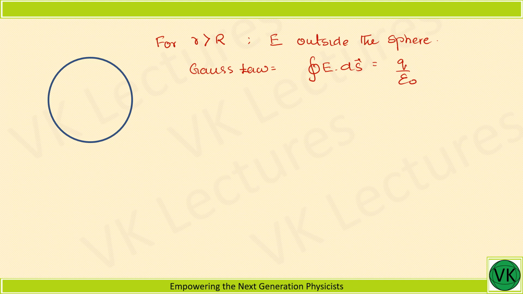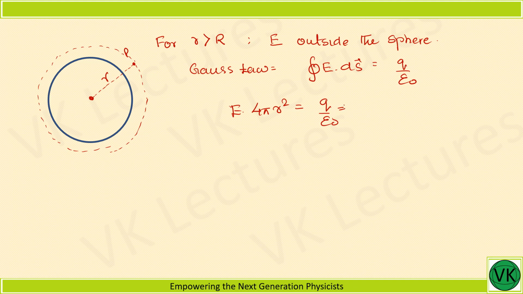Here is the center of the sphere, and this is the point P where we are going to calculate the electric field. So calculate the distance r from that and draw a sphere enclosing this original sphere. Now the electric field at all these points on the dotted line will be the same. So E into 4 pi r square equal to q by epsilon naught.